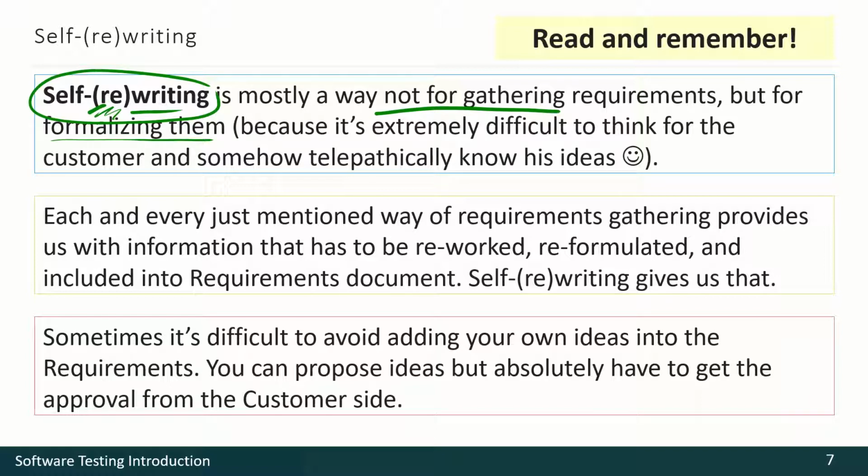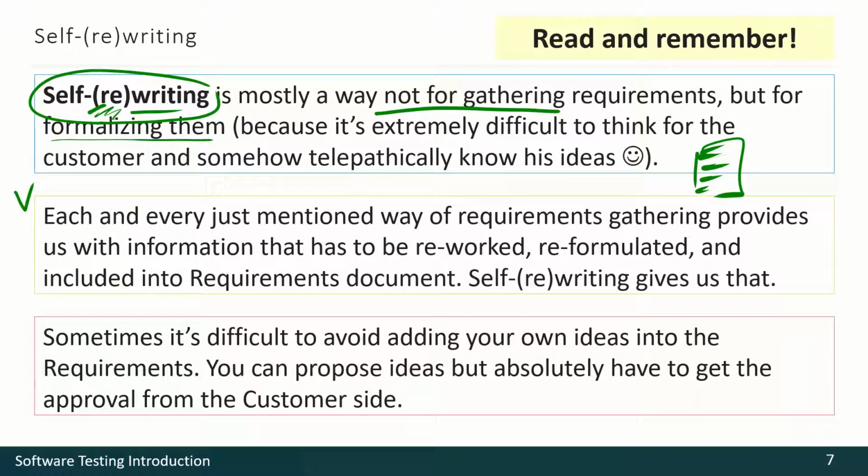And then we should somehow write it and make a good document that's easy to understand, that follows a special format, special template, and so on.